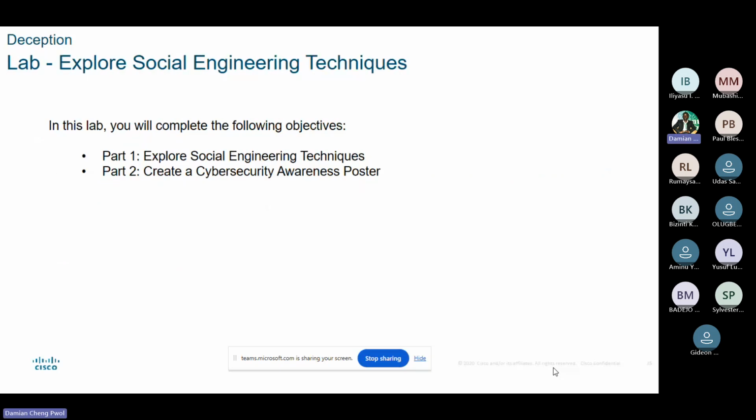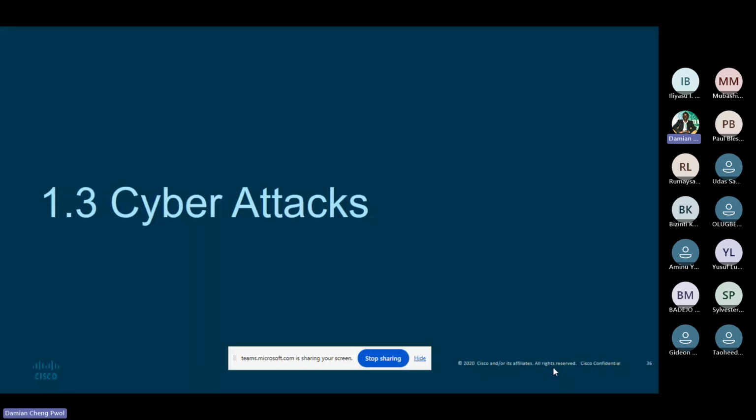Probably I may ask questions in our next class with respect to this. Explore social engineering techniques. You get the lab through your Netacad account, or I can also share it on our WhatsApp group, but you need to have it within the Netacad account.